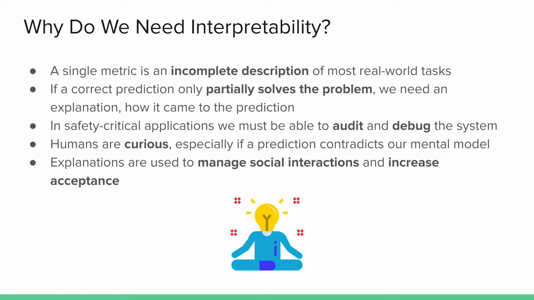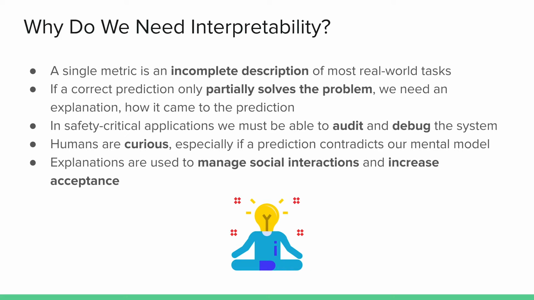Why do we need interpretability and explainability at all? I think I already stated a couple of reasons, but speaking more about the technical reasons, when we train a model, we define a certain performance metric that we measure our performance with. That single metric might be incomplete.